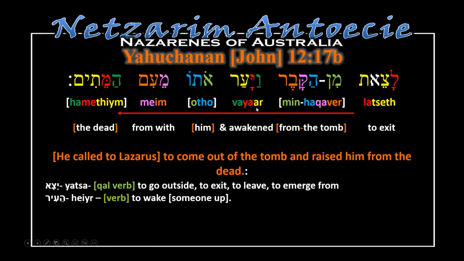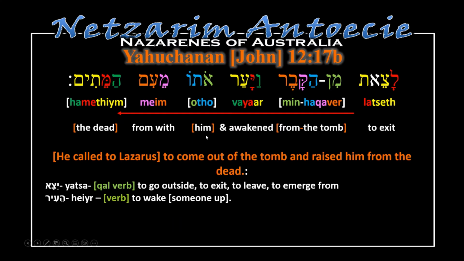If we look at this one, it's got a hey in front of it, but it's the same word, ear. And ear is a verb to wake someone up. So literally, it's like and awakened or and awoke. From the tomb and awoke, or and awakened.